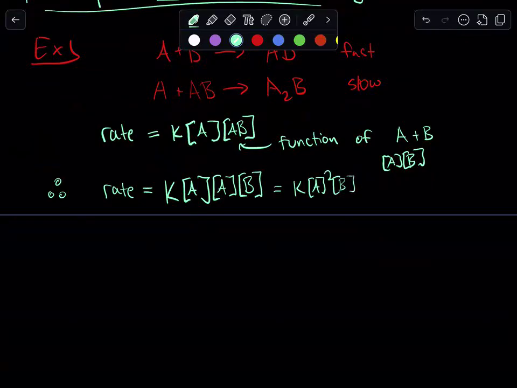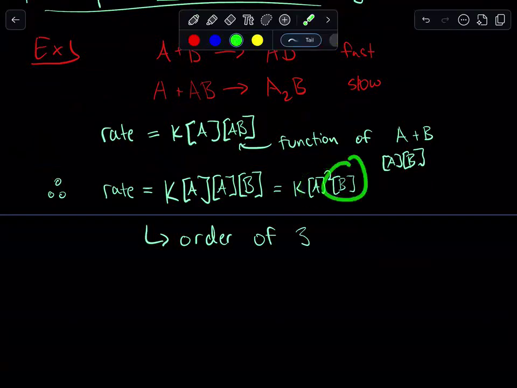From this, we find that our reaction actually has an order of 3 overall. It is an order of 2 with respect to our reactant A and an order of 1 with respect to our reactant B, but overall, our entire reaction has an order of 3.